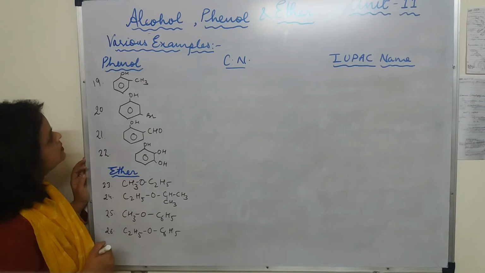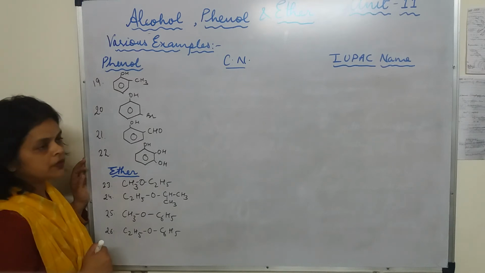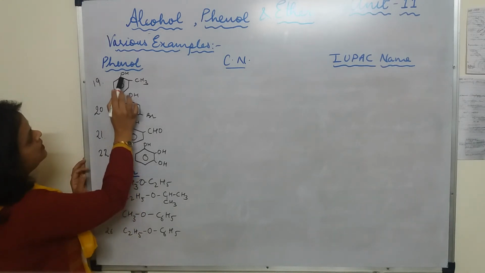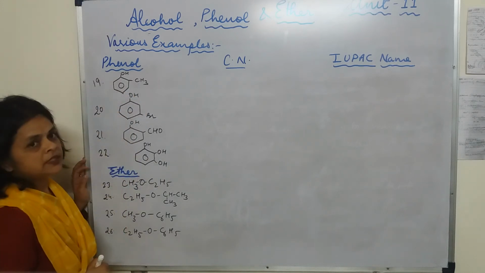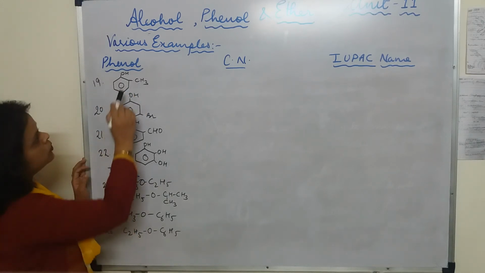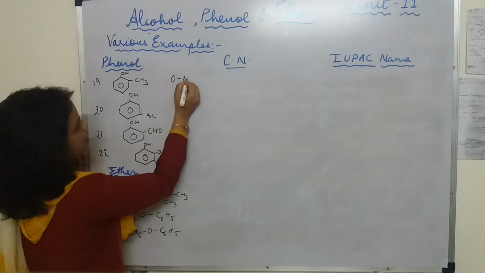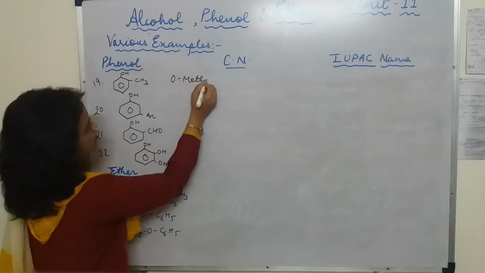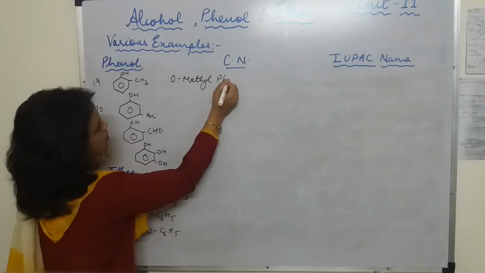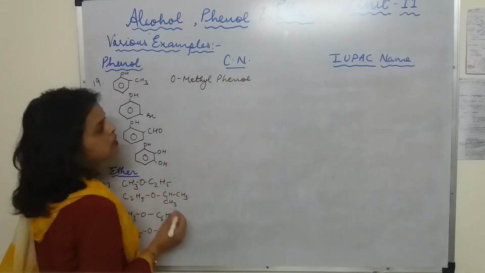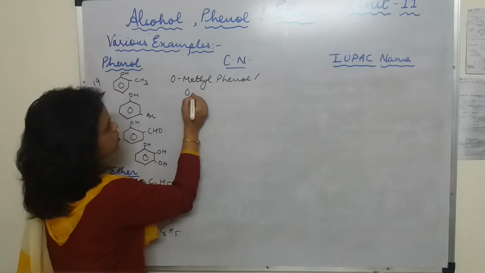Let's write the names of some of the examples of phenol. When OH and CH3 group, they are attached to the benzene ring, and at ortho position the name it is ortho-methylphenol, and commonly it is called as orthocresol.